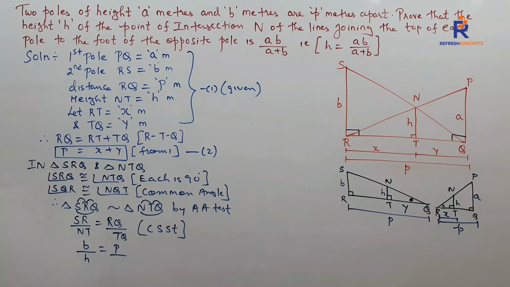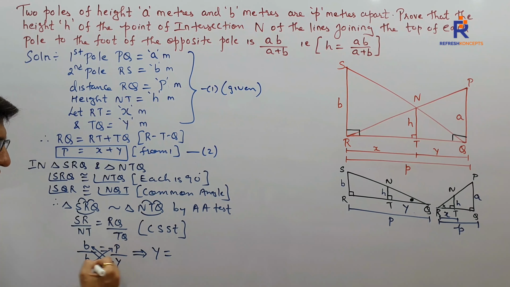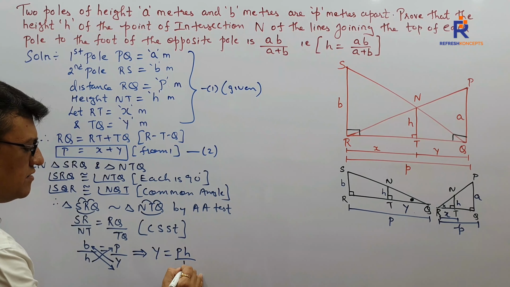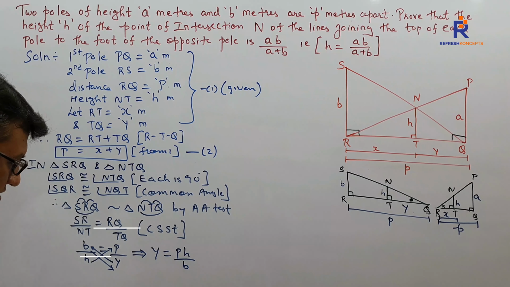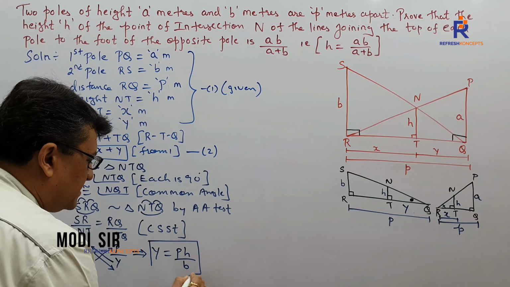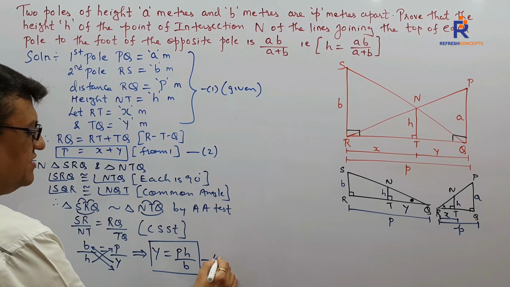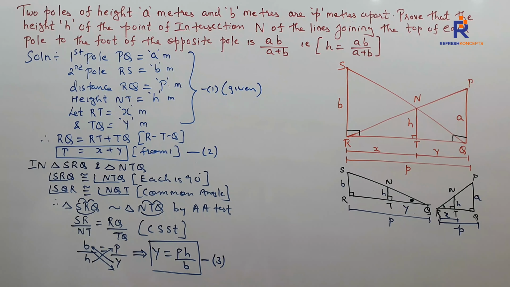TQ is Y. Which implies I just want the equation in terms of Y. So I want only Y, which is nothing but PH by B. Y is PH by B. We'll take this as equation number 3.